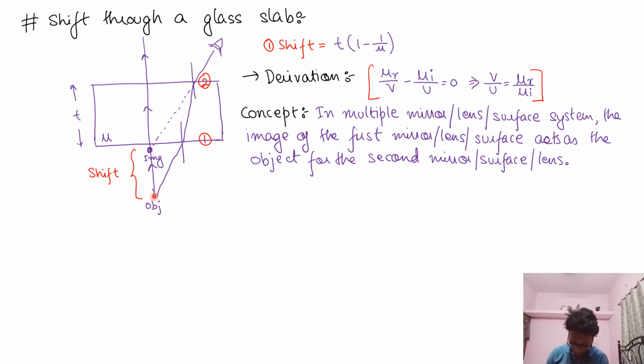Now let's follow the incident ray. The incident ray is going like this, so it crosses the first surface.